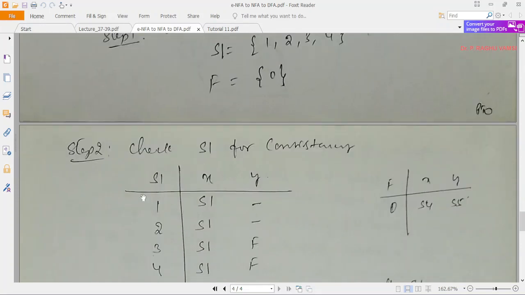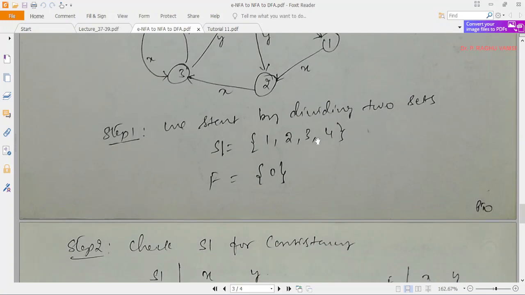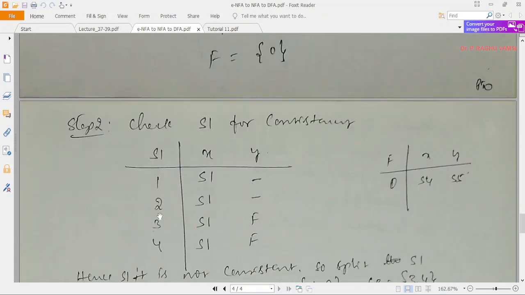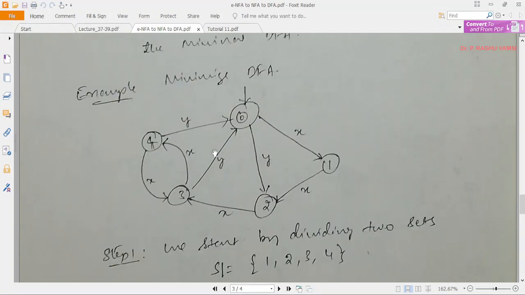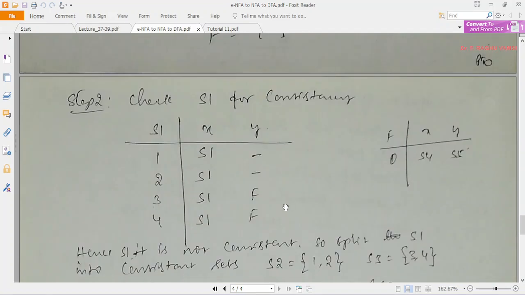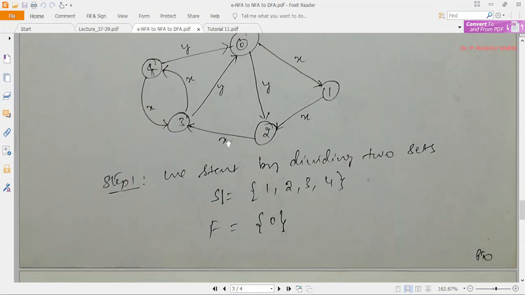S1 is the set in which we have 1, 2, 3 and 4. So these 1, 2, 3 and 4 are the states. On 1, if you supply X as the input, where is it going? On 1, if X is the input, then it is going to 2. In which set is the state 2 available?